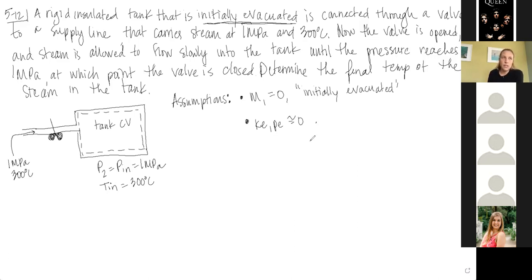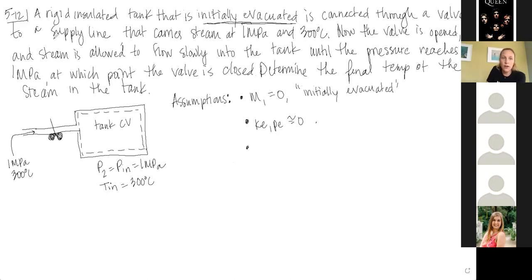So we haven't really worked a case where these aren't equal to 0, except for the problem that we work with the nozzle. So when you do have a nozzle change, that's when we have that velocity change that was significant. All right.